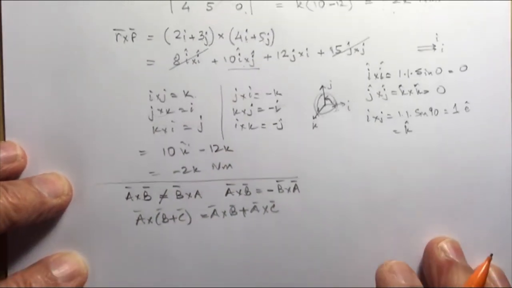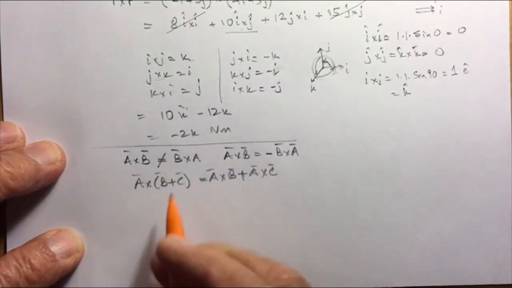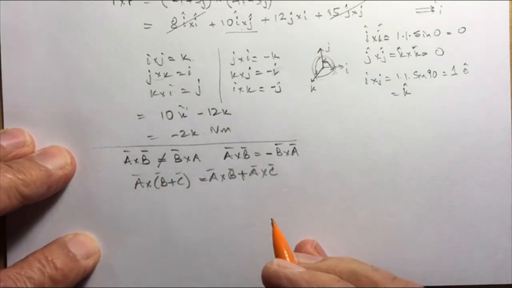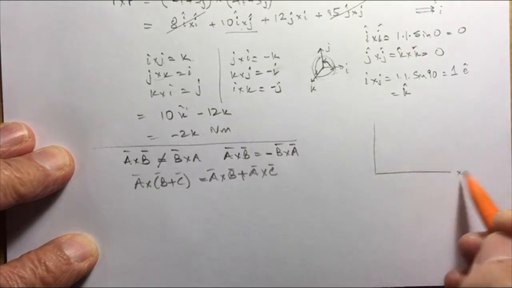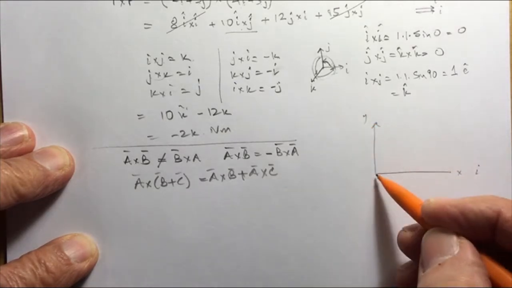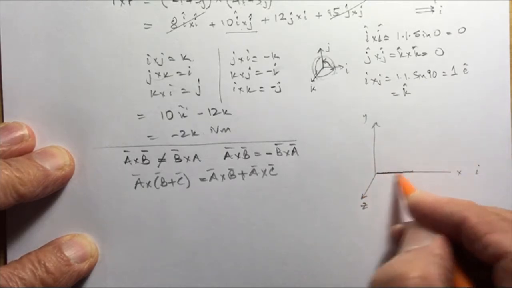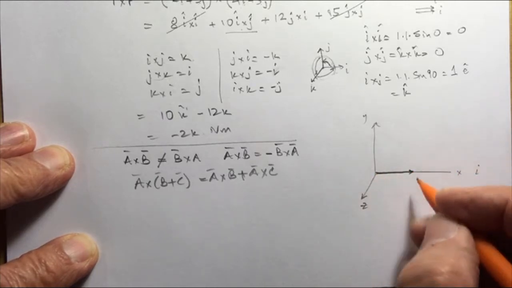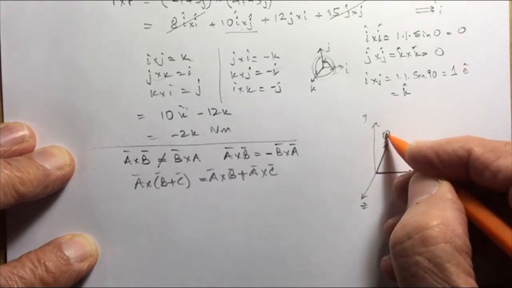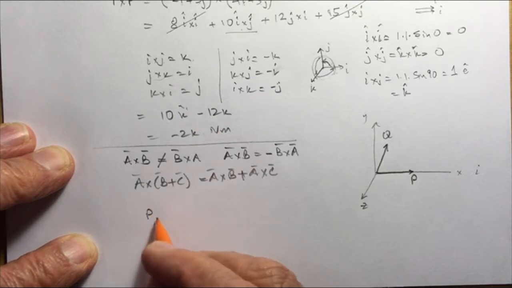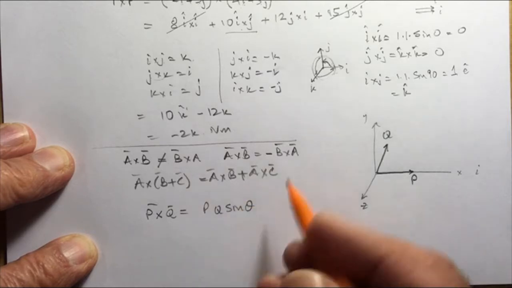Now, one last thing about the cross product is what does the cross product represent? So if this is our x-axis or the i, and that's the y-axis, and the z is coming out of the page, and we have one vector, let's keep it along the x-axis, let's say that's the vector p, and we have another vector that's like this, let's have the vector q, then p cross q is pq sine theta in some direction.